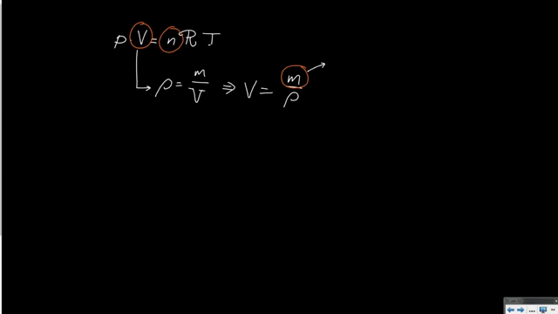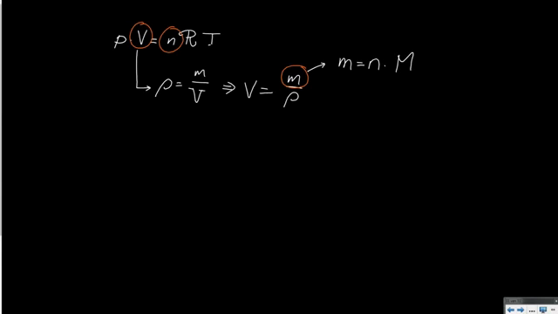Well, for the mass, we know that it is the number of moles times the molar mass. The molar mass is the mass of one mole, one specific amount of molecules, the number of Avogadro, and N is the number of moles, so the total mass is this number of moles times the molar mass.